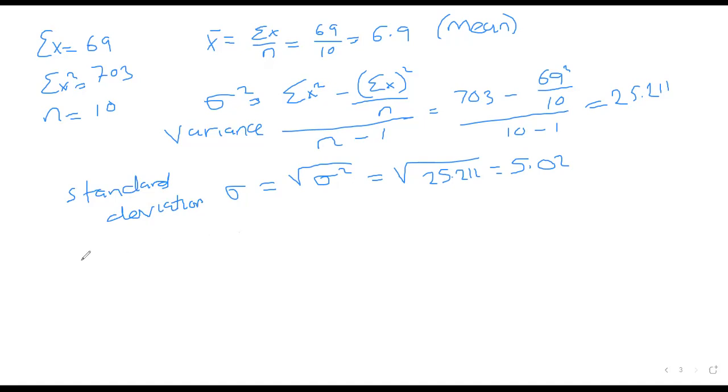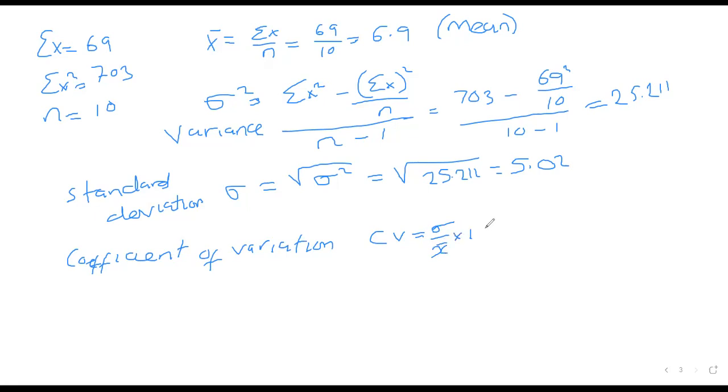Then we have what we call the coefficient of variation. The coefficient of variation is simply CV is equal to standard deviation over mean times 100.